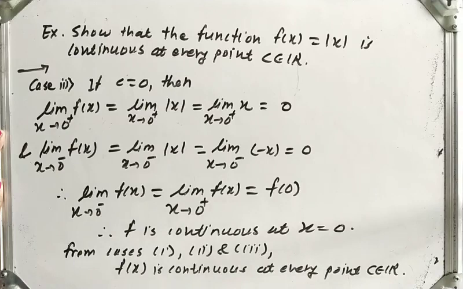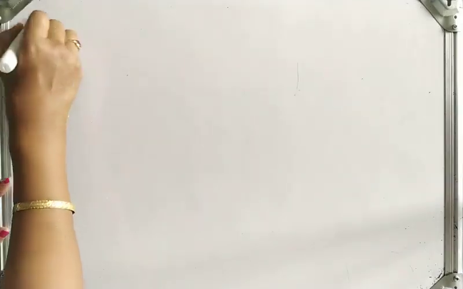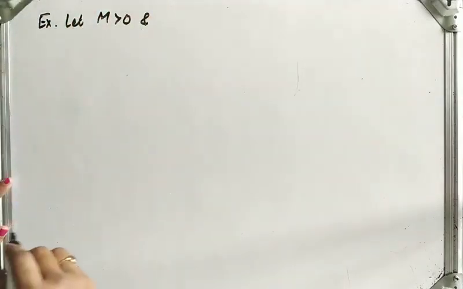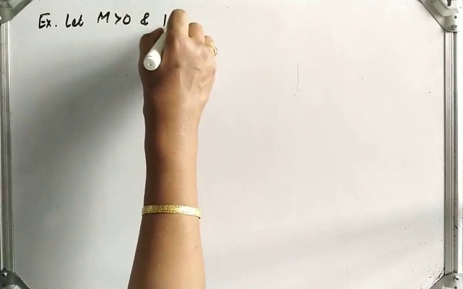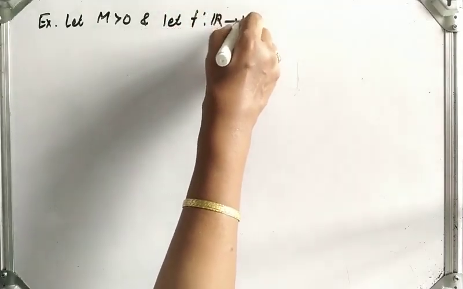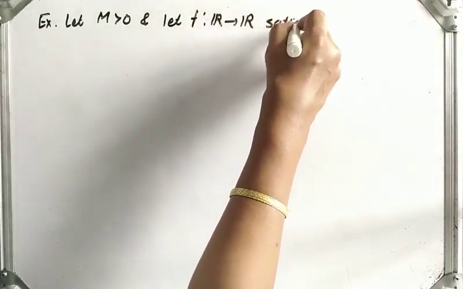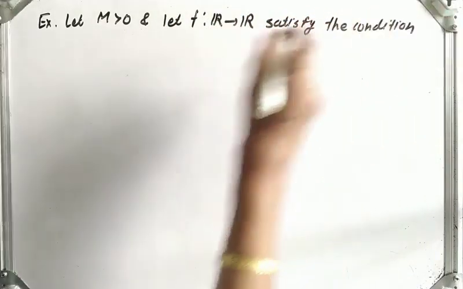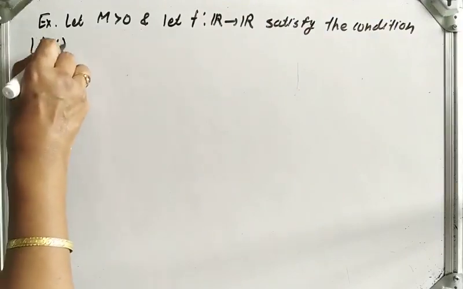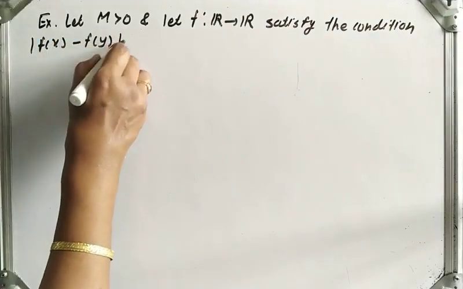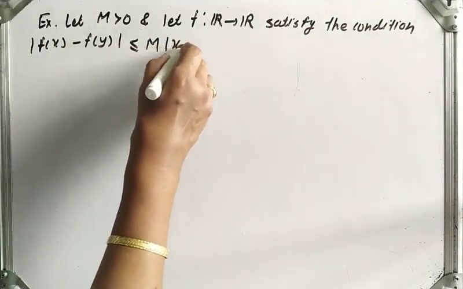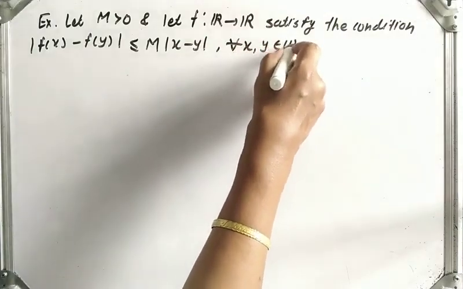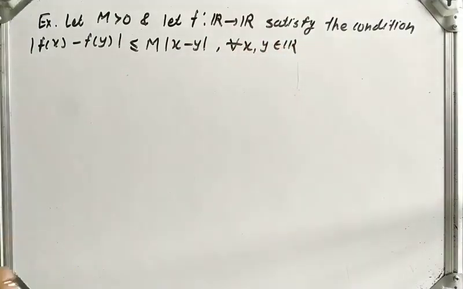Okay, next example, let M be greater than 0 and let f be a function from R to R satisfying the condition mod of f of x minus f of y is less than or equal to capital M into mod of x minus y for all x, y belongs to R. What is given?